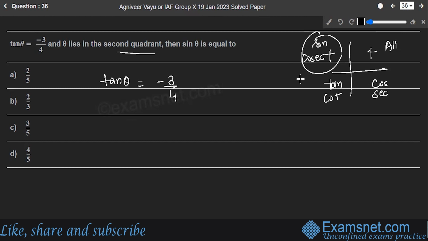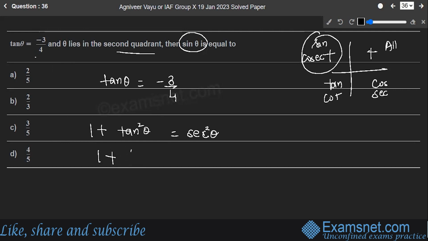Now, what do you have to find out? Sine theta. This is actually very easy. In the second quadrant, tangent is negative and sine is definitely positive. There are multiple ways; I will go with this one: 1 + tan^2 theta = sec^2 theta.